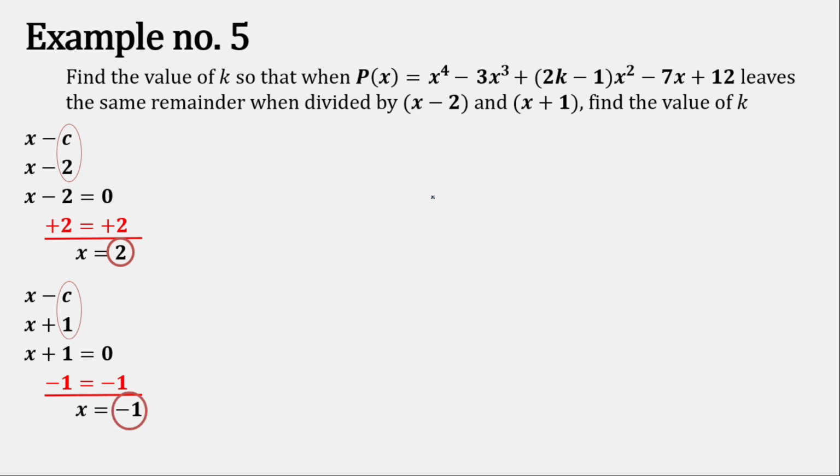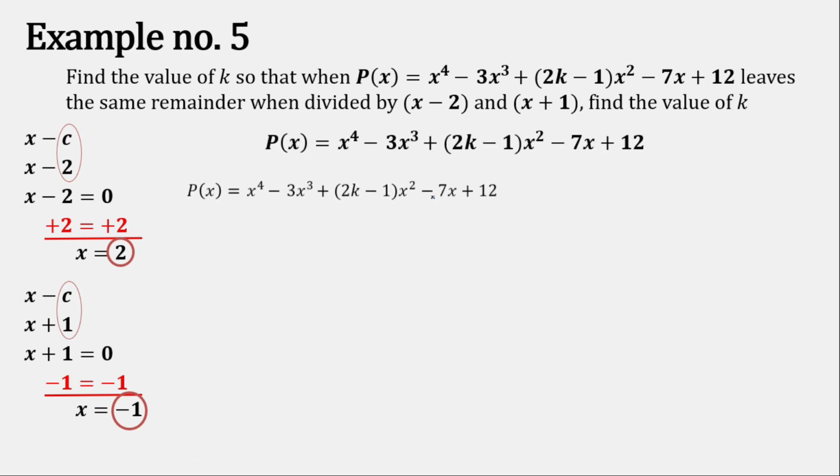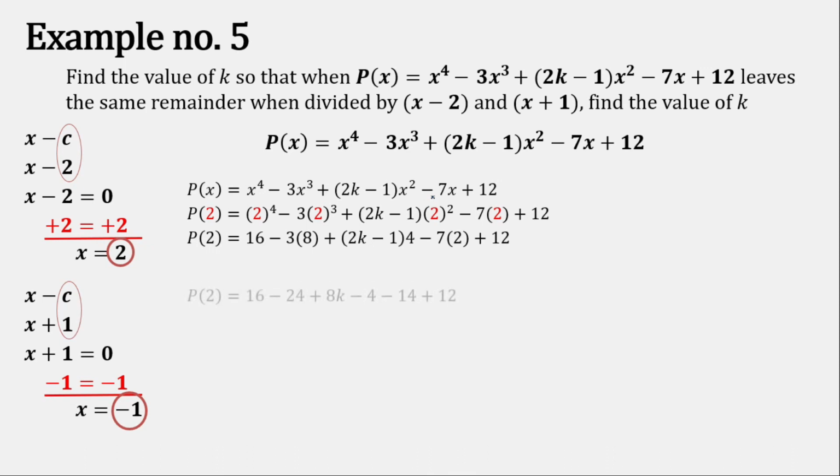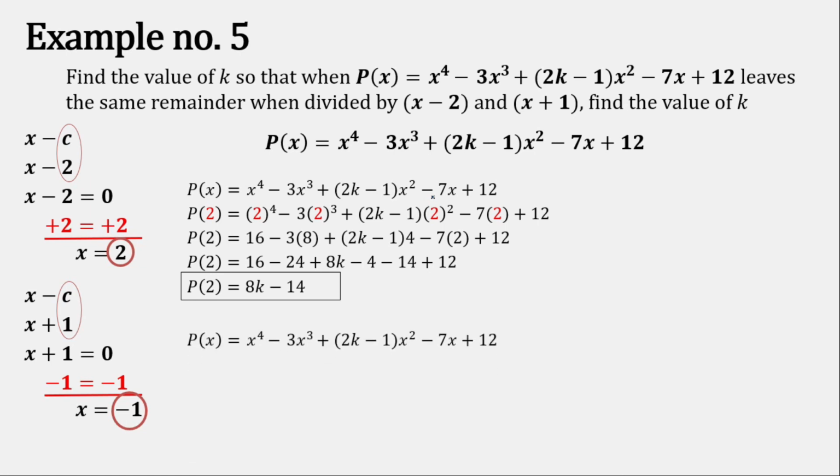Now let's compute on each one. Let's substitute 2 in the polynomial equation, and we have the following answer. So P of 2 is equal to 8k minus 14. So that's the first evaluation. Now let's try P of negative 1.